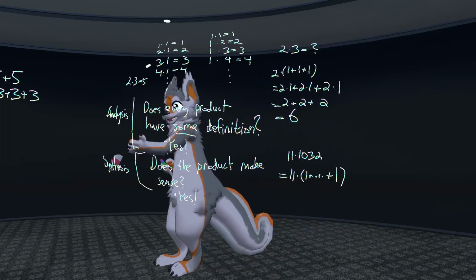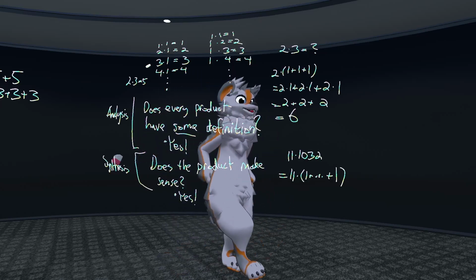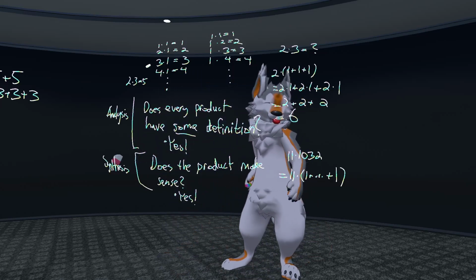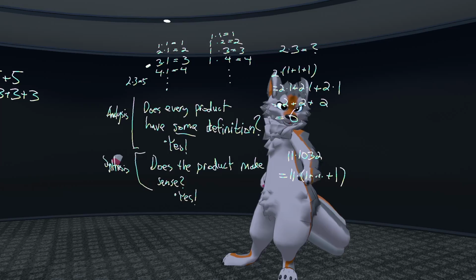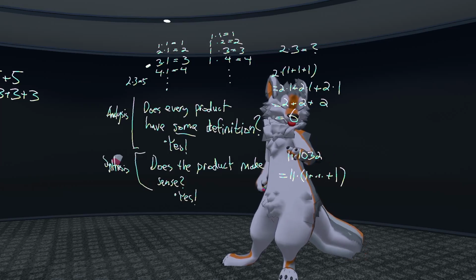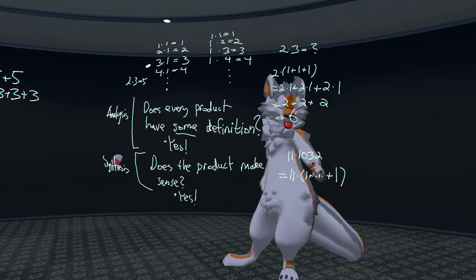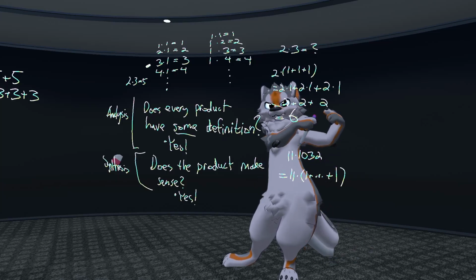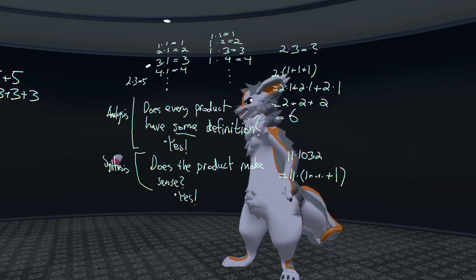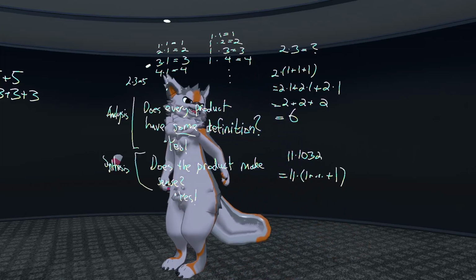And it turns out that there's no problem. This makes sense. This is just going to be 11 distributed over 1032 of these ones. So it's going to be 11 times 1 plus 11 times 1 plus 11 times 1. So 11 added to itself 1032 times, right?